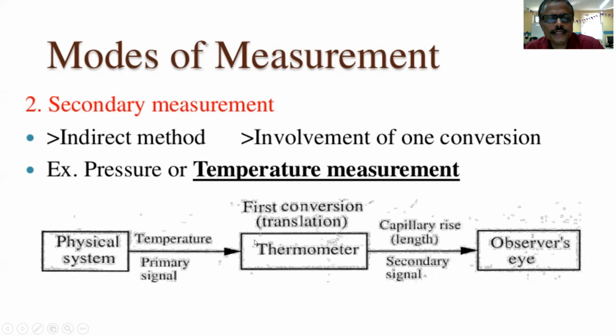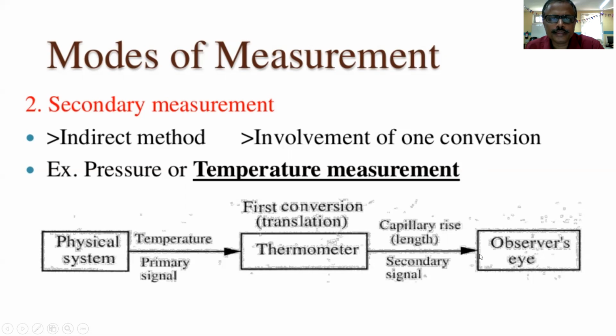So you have converted temperature into length here. This is called a secondary signal, which is recorded as an output. Here you are not reading this length directly. What you are doing is converting this temperature into length, and then you are going to measure it. So this is called the indirect method of measurement.